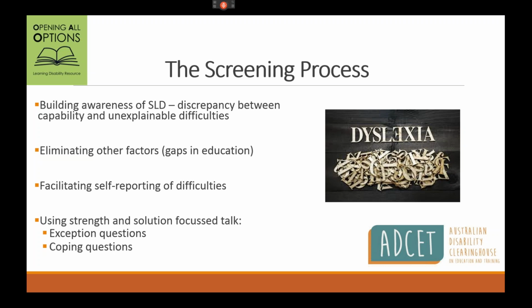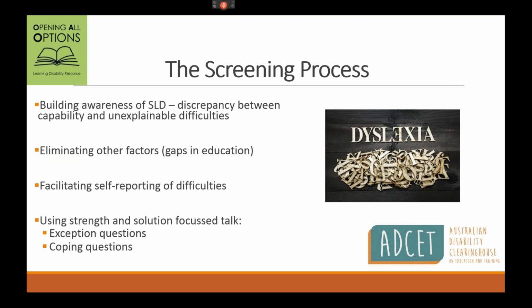So we took that flowchart and broke it down into a screening process where the DLO has, I guess, a sample question to ask around particular areas of difficulty that will assist the DLO to determine whether this is an indicator of dyslexia or another SLD, or whether this is an indicator of perhaps gaps in formative education or impact from comprehension through medication.